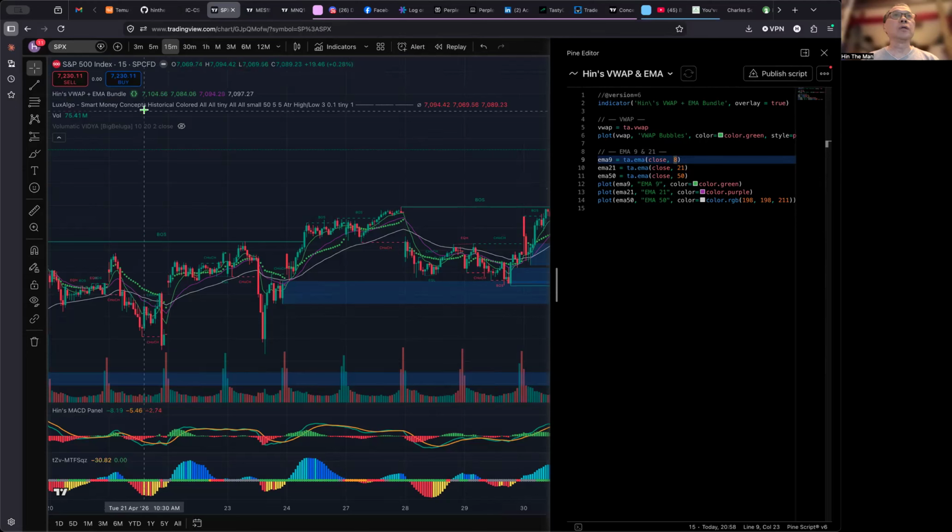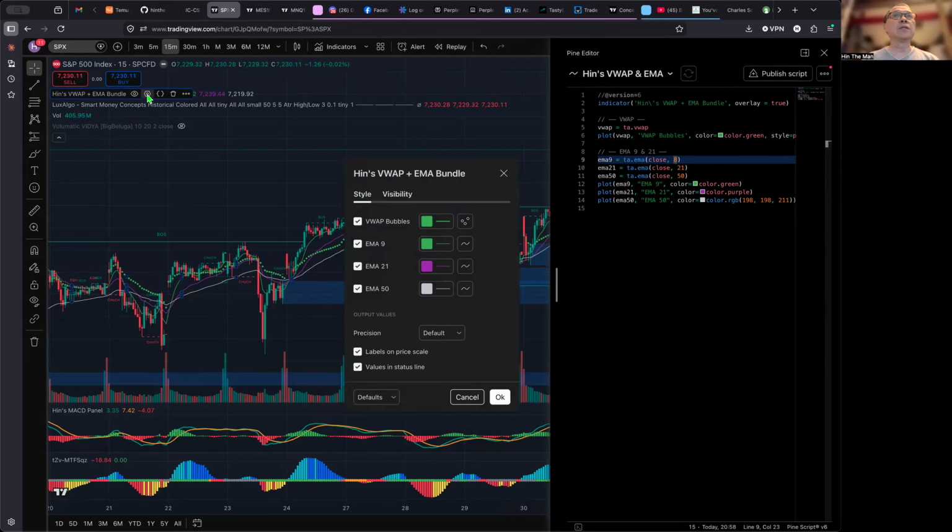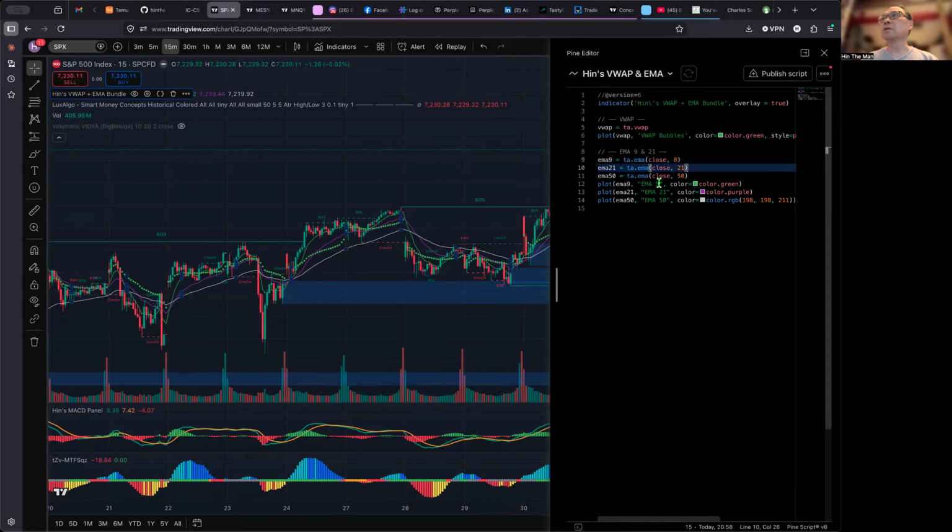You can customize it and change it. It should be EMA 9, so I have to change it back to 8, right? You see this? This is the code. Once you refresh, you come back here, and this is the setting.